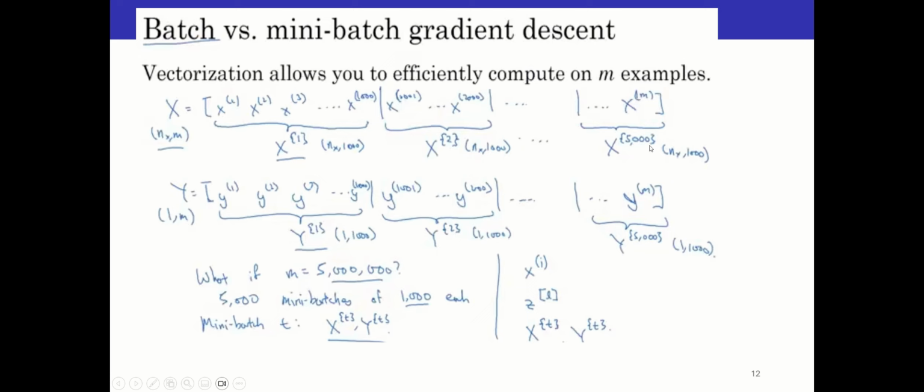So for example, we have 5000 batches of 1000 training samples each, which results in 50 million records. Say that each sample has dimension nx, and this notation is used for the sample number.